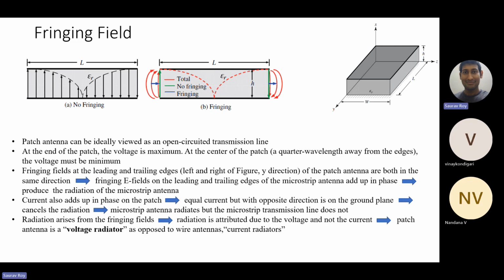That's why the microstrip patch antenna is called a voltage radiator, unlike a dipole antenna or loop antenna, whose basic analysis is done through current analysis. Okay, so they are called current radiators, but here the main radiation comes from the voltage components. That is why a patch antenna is a voltage radiator.